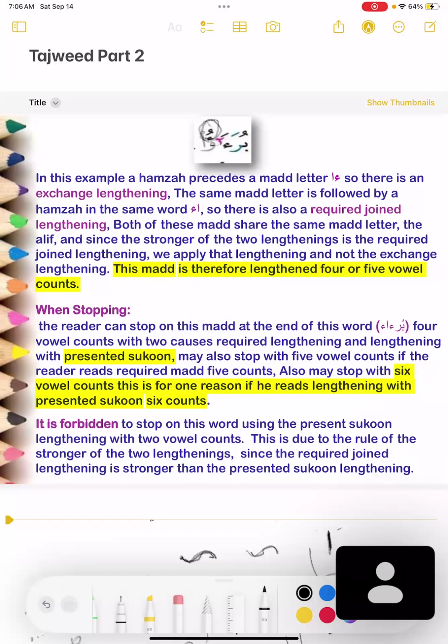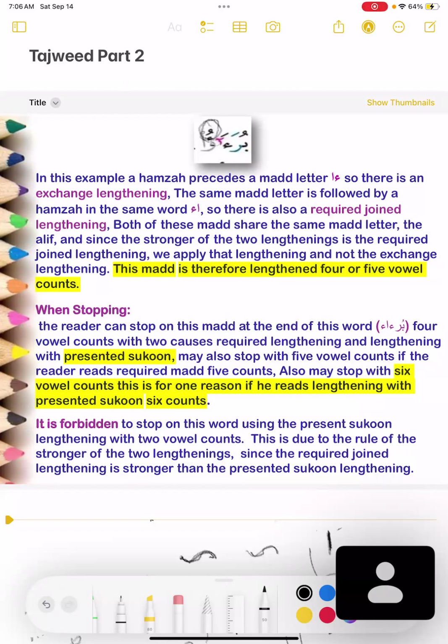You have the option in the Tariq al-Shatibiyyah of doing both muttasil and munfasil 4 to 5 counts. So if I'm stopping over here, I'm not doing mad muttasil, I am doing mad al-arid lil-sukun. If I'm stopping at the word bura'a, I am doing mad al-arid lil-sukun.